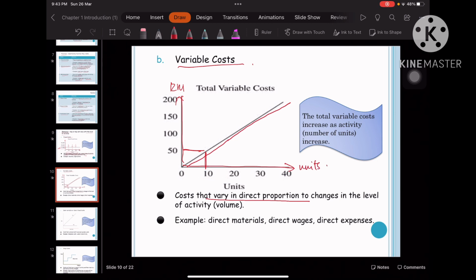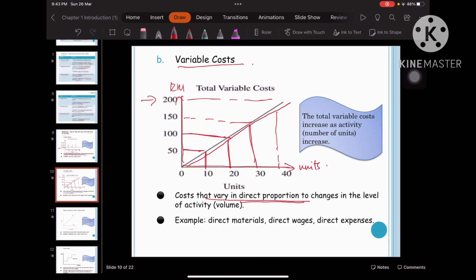If the company is producing 20 units, the cost will increase to 100 ringgit. If producing 30 units, the cost will be 150 ringgit. If they produce 40 units, the cost will be 200 ringgit. So this is what we call a direct proportion.